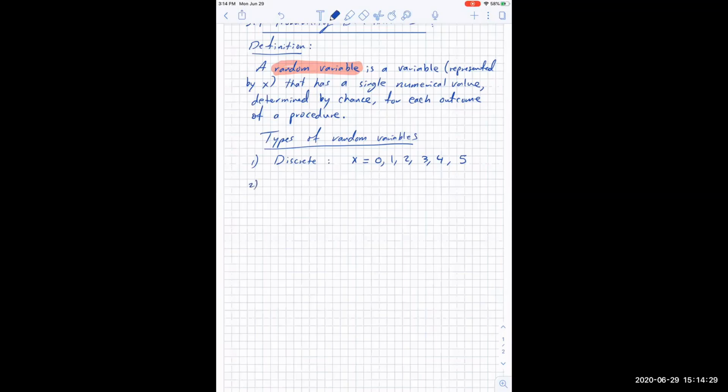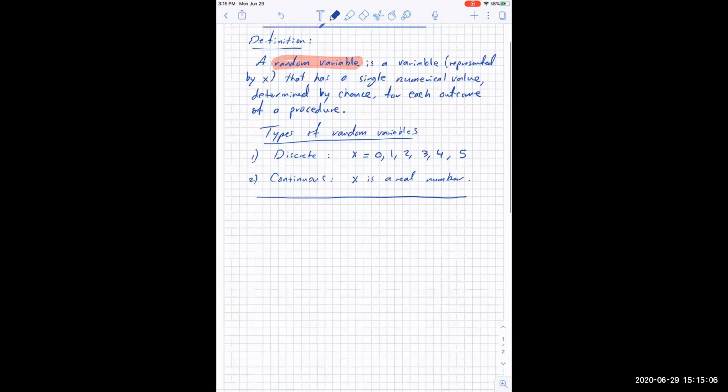The other type is continuous. Continuous random variable, and in this case, the value of X is a real number. A decimal number, a measurement. In this chapter, chapter 5, we're going to be working with discrete random variables.